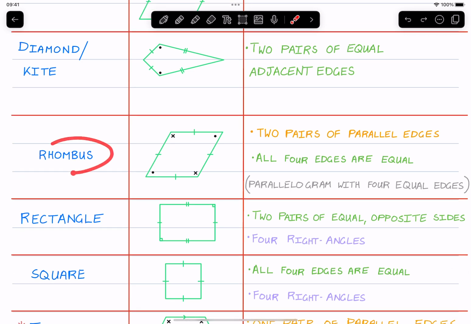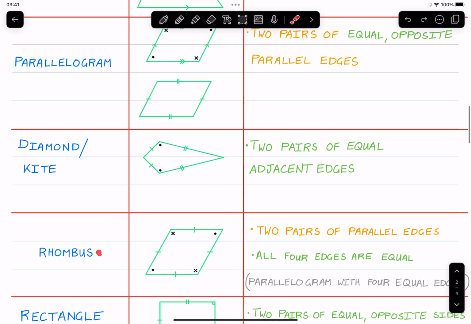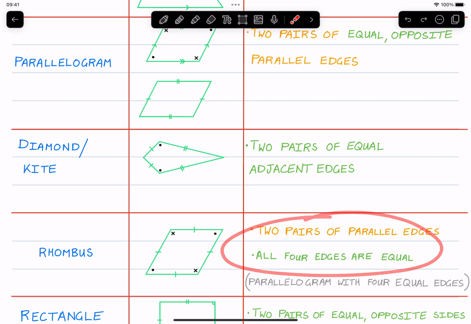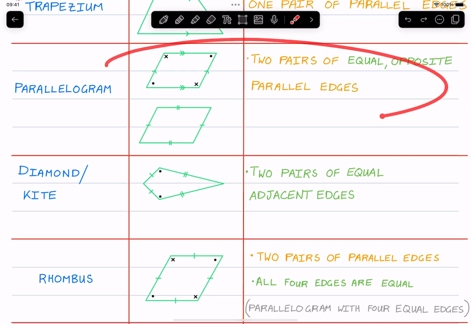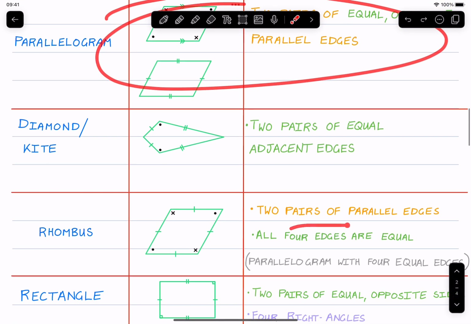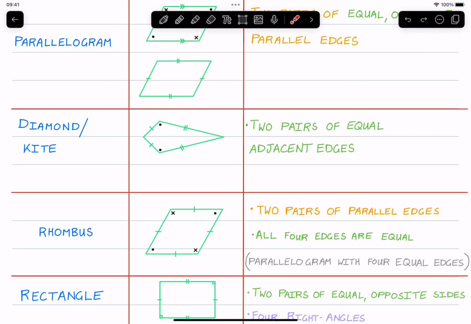So a rhombus, you can actually say it is still a parallelogram. It's just that a rhombus is a special parallelogram. So this actually has the exact same properties of this, except that all four edges are now equal. All right, let's keep going.